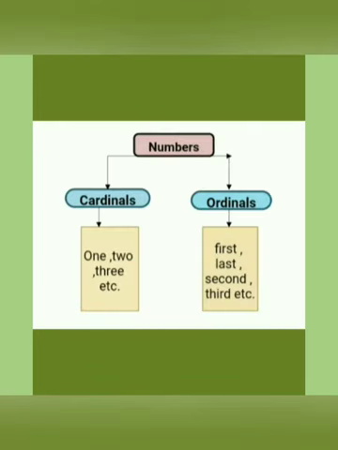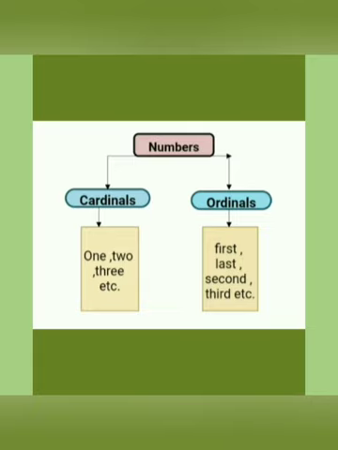Next is numbers. Now, numbers include cardinals and ordinals. So, cardinals are 1, 2, 3, etc. And they are counting numbers that describe the quantity of a noun. Example, there are 1 kilo oranges on the table.